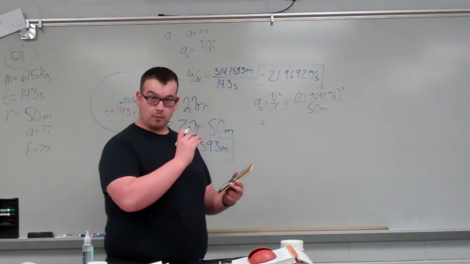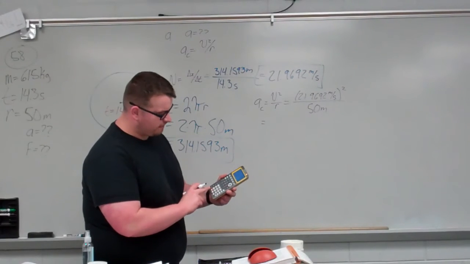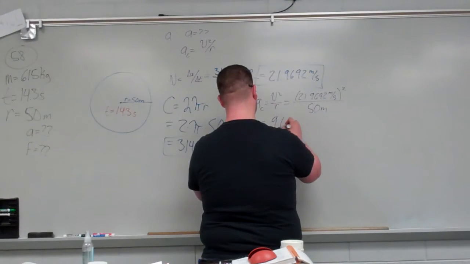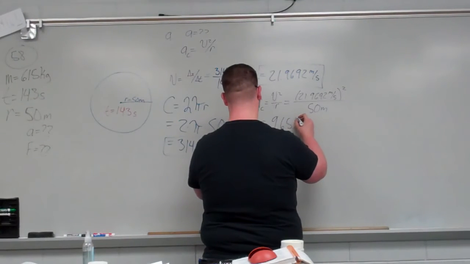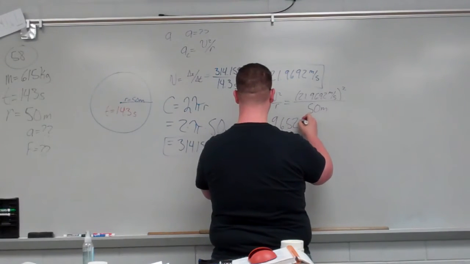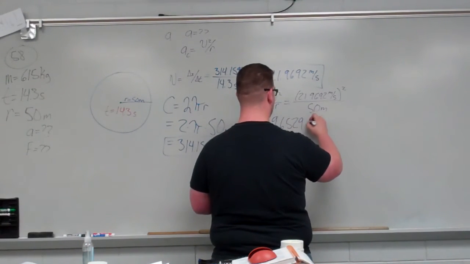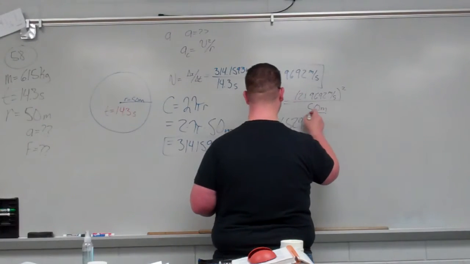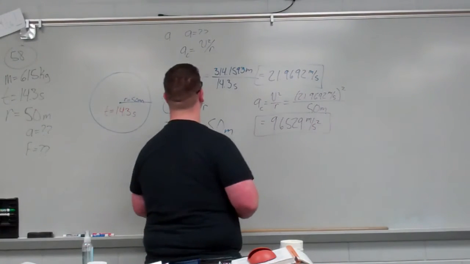Then I'm going to use that number and divide by 50 to get 9.6529 meters per second squared. There's my answer to part A.